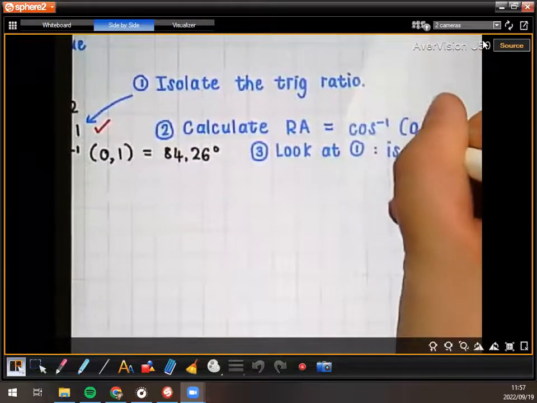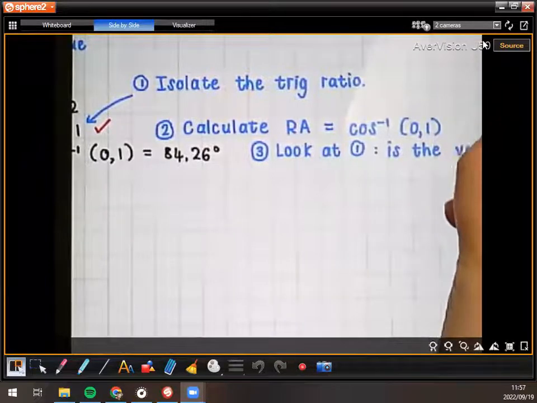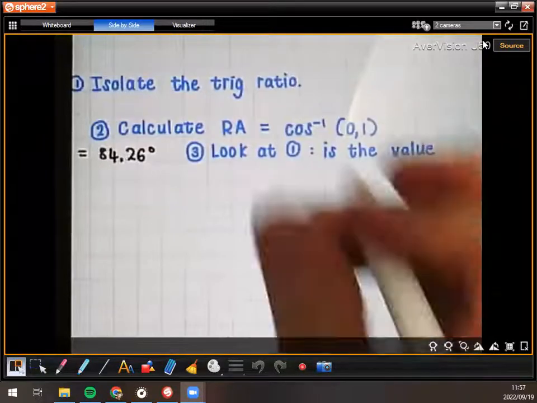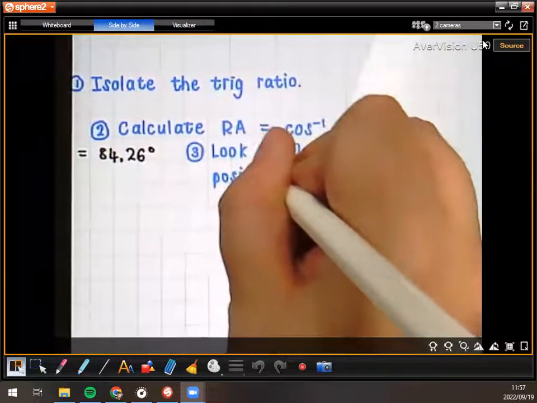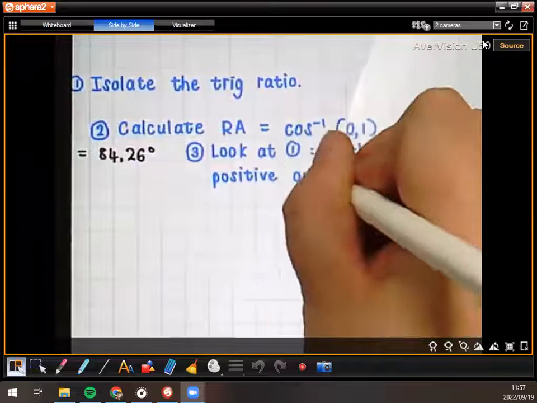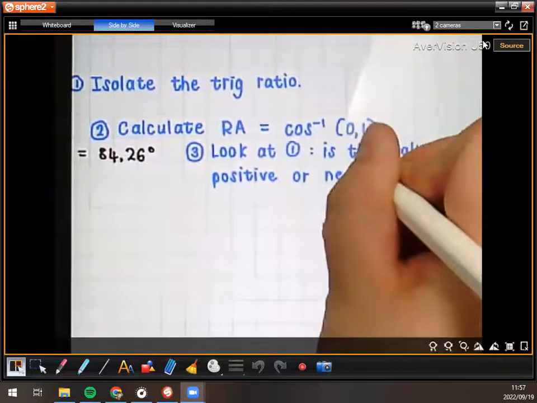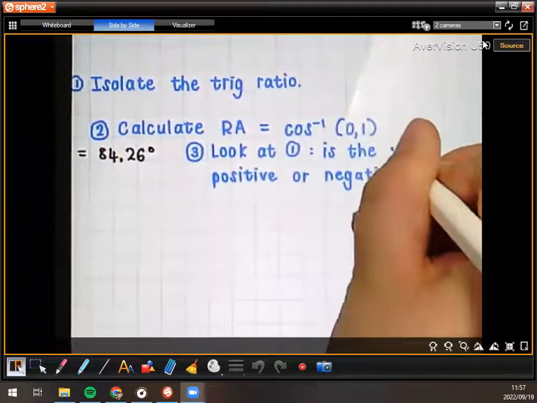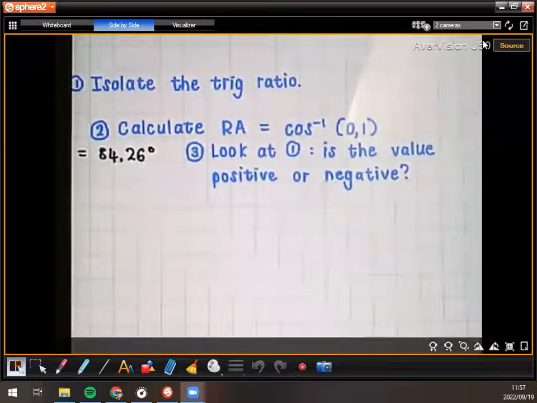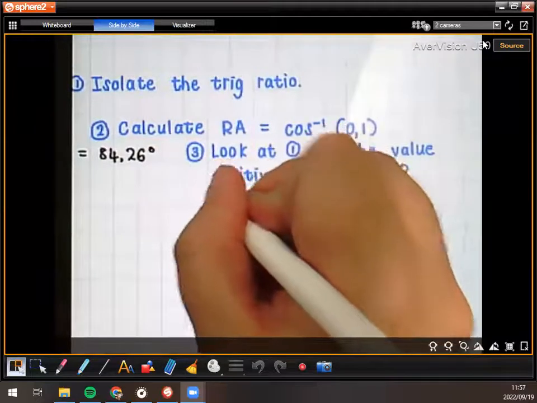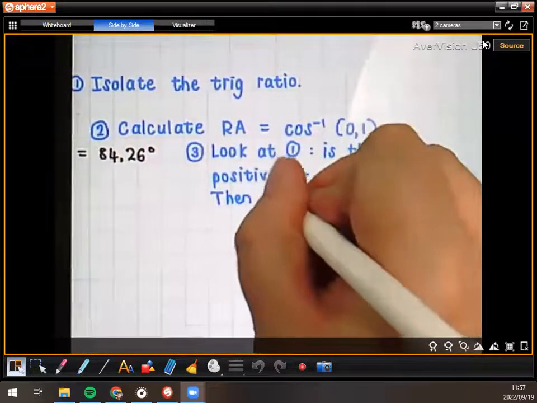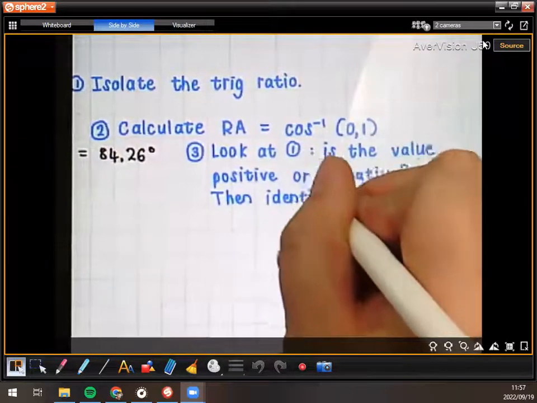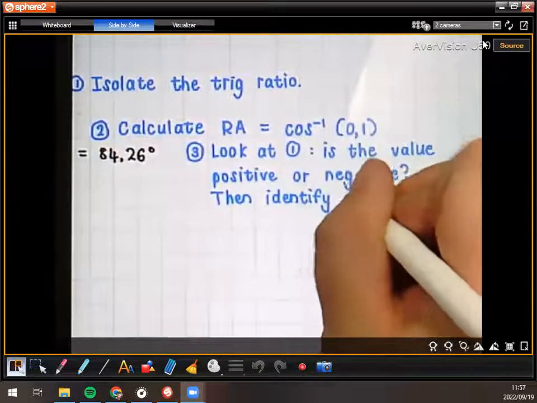Is the value positive or negative? And this is all a part of step 3. So I'm going to say, then identify quadrants. So we're going to use our cos diagram again.